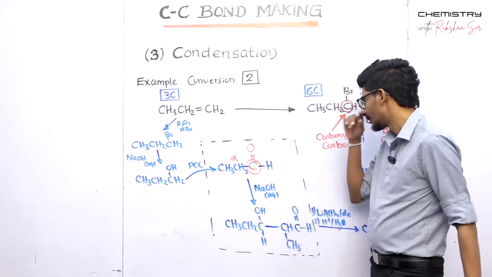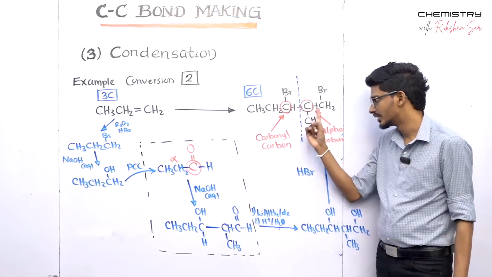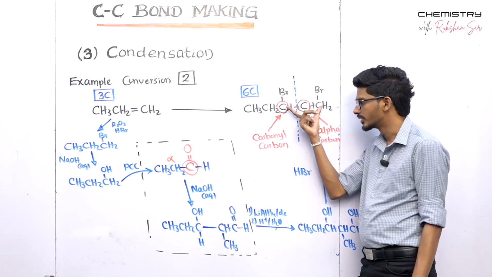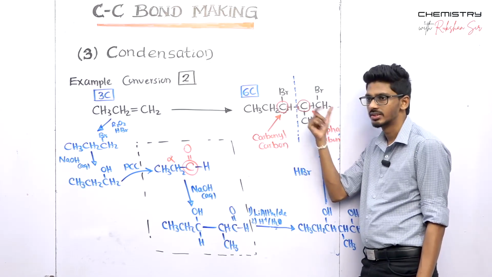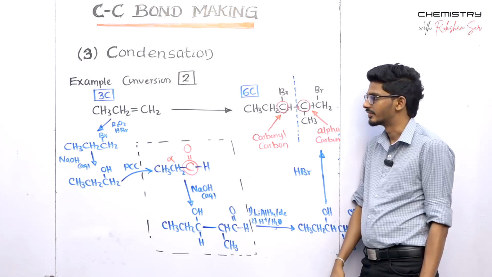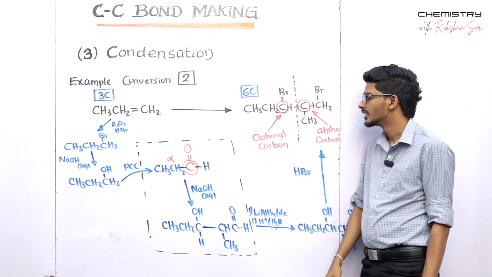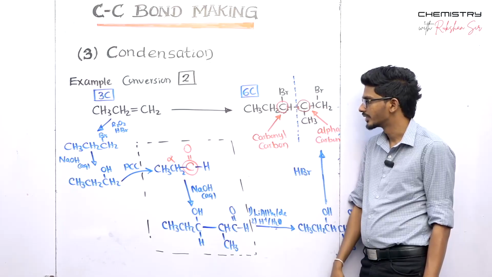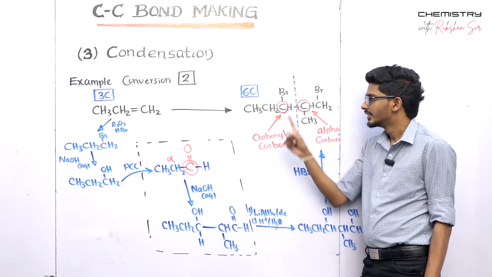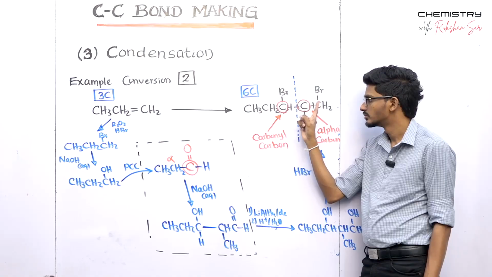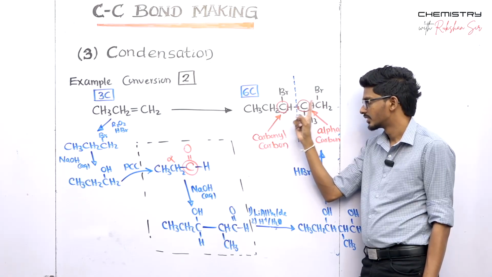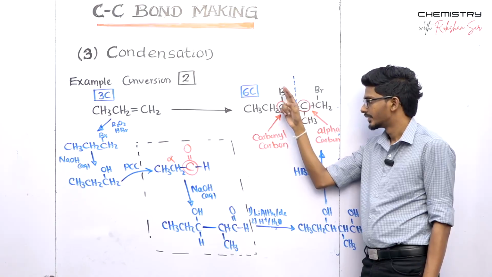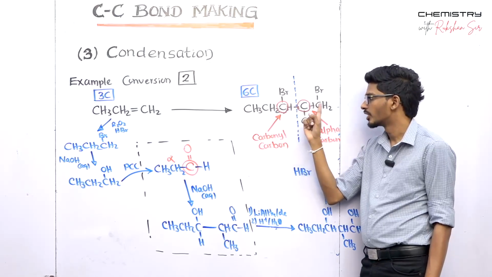So let's see, when you are to see this ultimate compound, the product you had just made, you clearly see with this final product that these are the two functional carbons, no? At this compound, these are the two functional carbons, right?